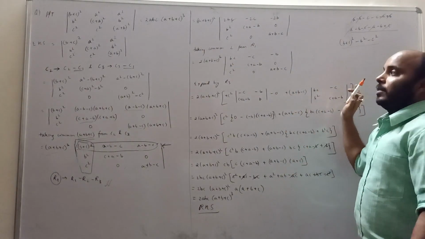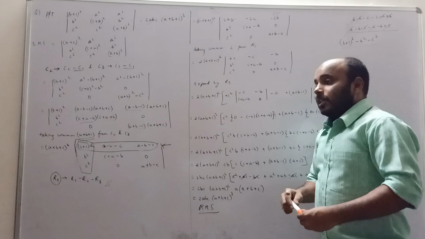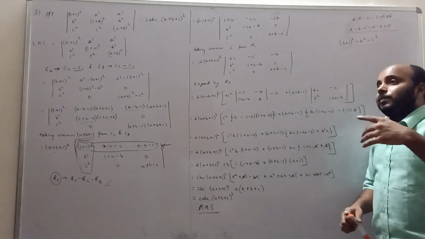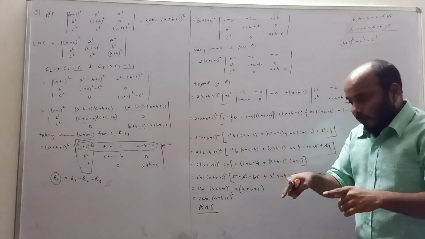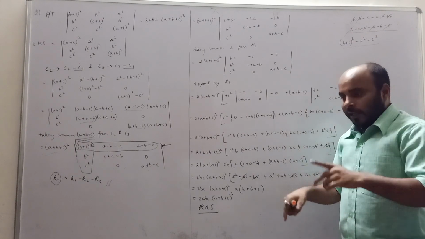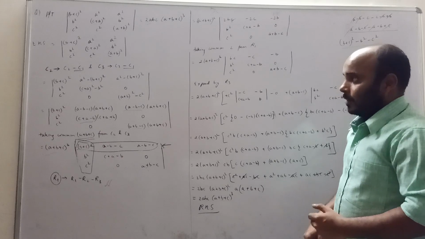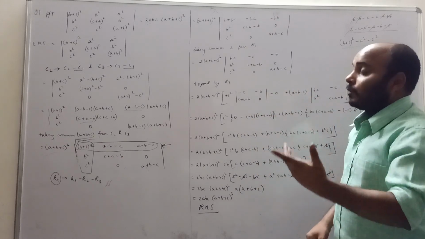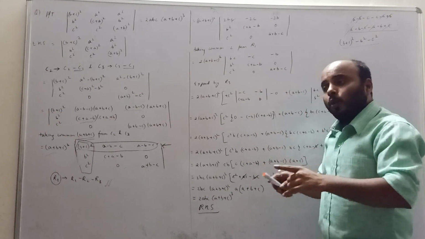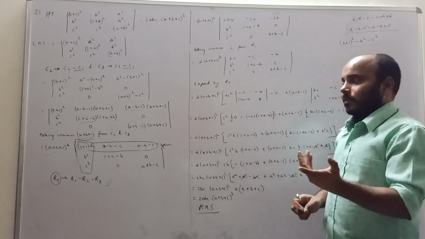Now we have to expand. In the theory, when we are dealing with two zeros in the same row or same column, we try to expand with that row or column which has two zeros. Here we are not dealing with that funda. We are making zeros anyway in the whole determinant. Then how to expand?